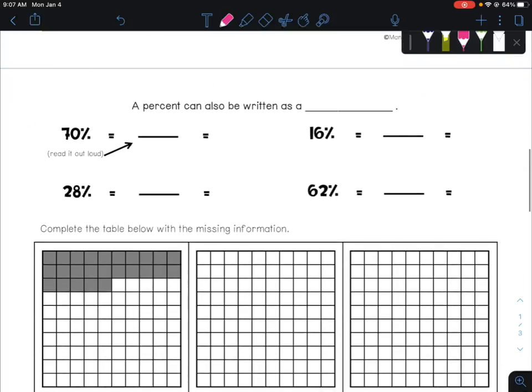All right? We can also write percents as decimals. And so basically, you can write a percent as a decimal or a fraction. Okay, so 70% means 70 out of 100, like we said already. This percent symbol means out of 100.